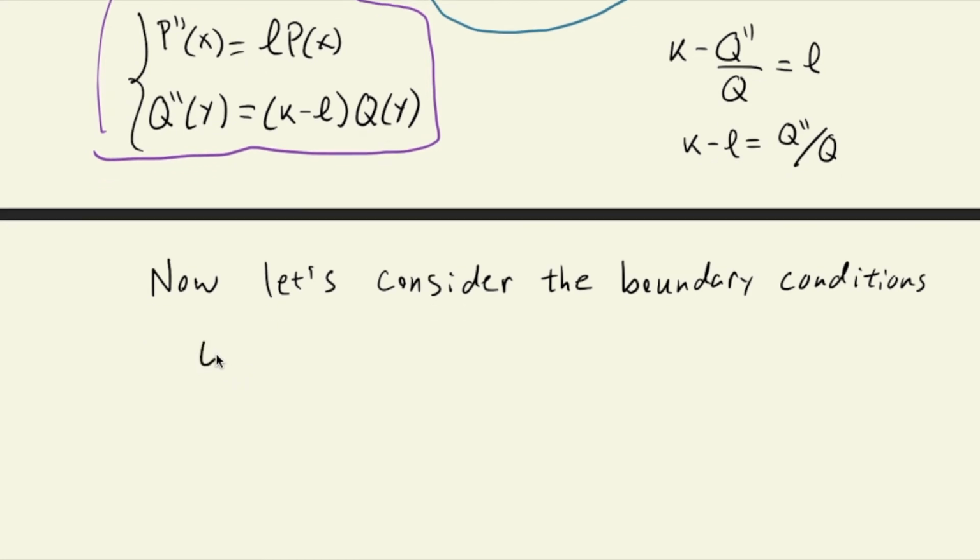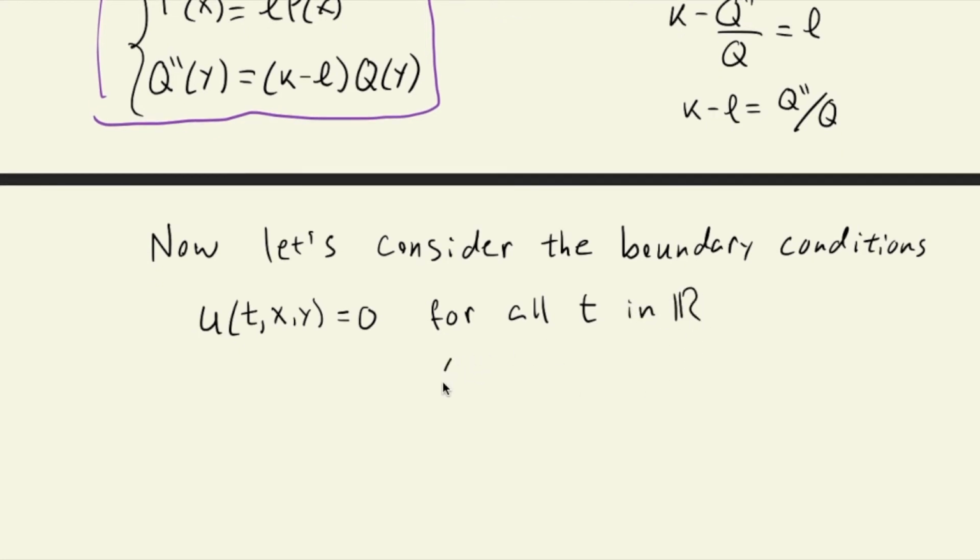So we know that u of t, x, y is equal to 0 for all possible t in R, any real number, and x, y on the boundary of the rectangle.